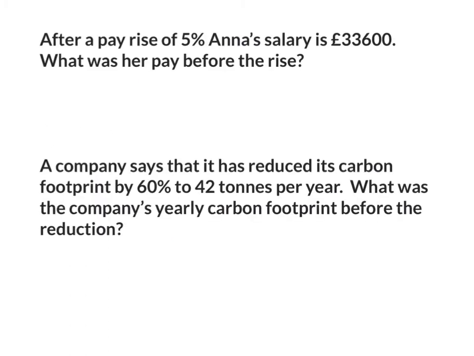Now, one way of looking at this is saying, okay, after a pay rise of 5%, a salary is £33,600. So if I start with an original amount of 100%, and I get a 5% pay rise, then I must have 105% of the original amount.